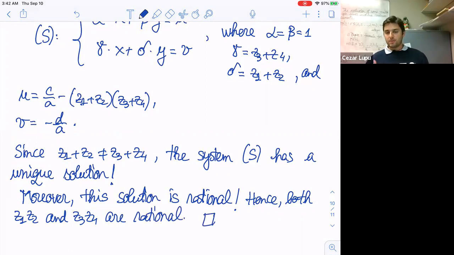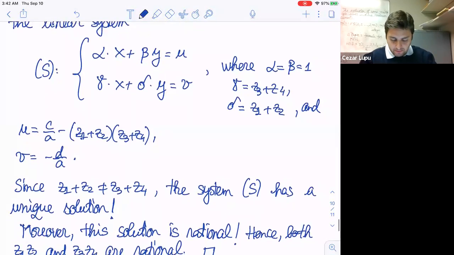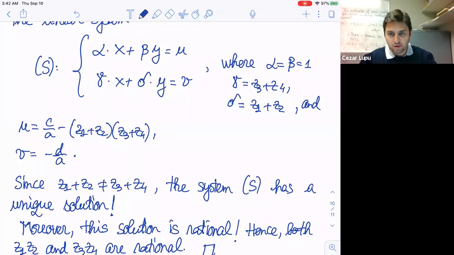Anyway, the problem is just a manipulation of Viète relations, and trying to do some algebraic manipulations. At the end of the day, we end up with this system of two equations, two variables, and it's quite clear how this has a unique solution. You can use any method, substitution.